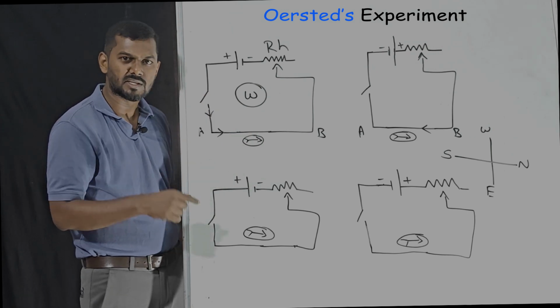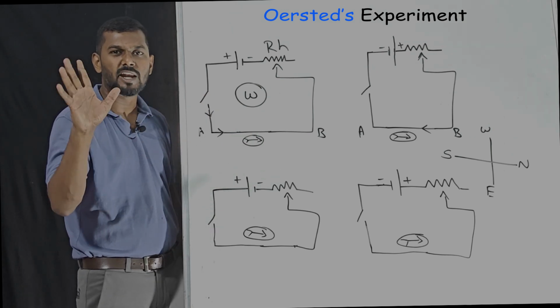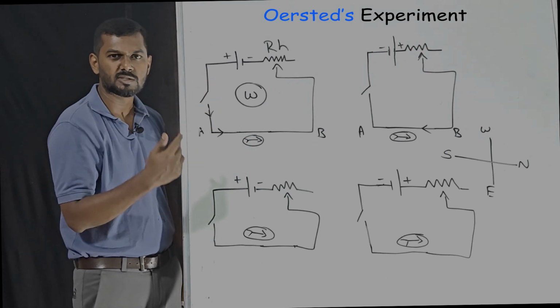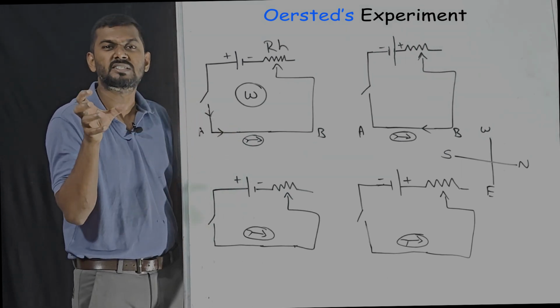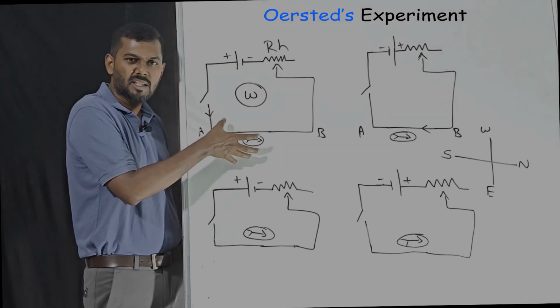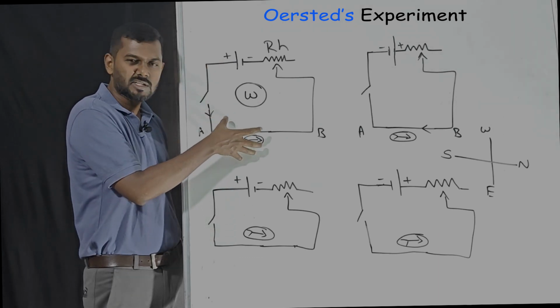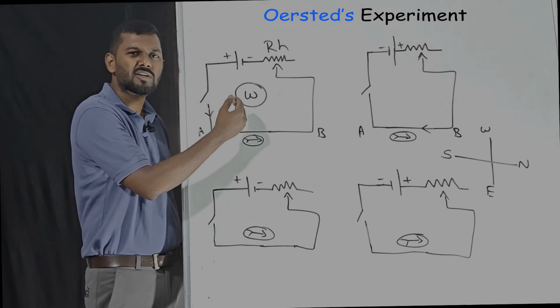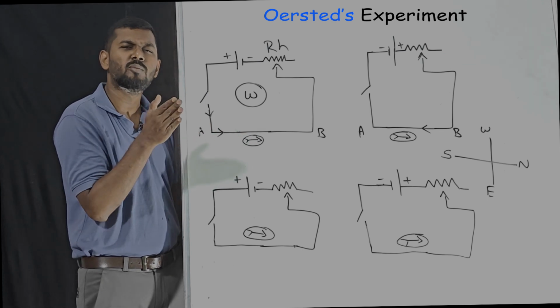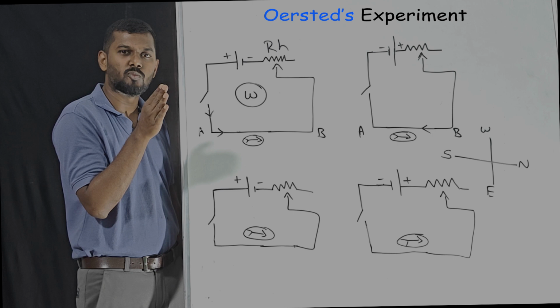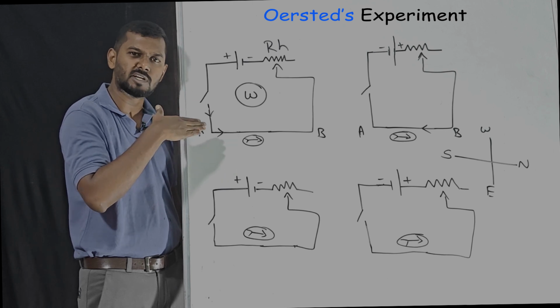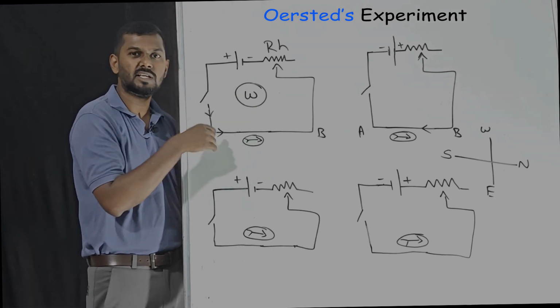If current reduces, we know current and magnetic field are directly proportional, so magnetic field also reduces. If the magnetic strength is reduced, the deflection will also reduce. It will be moving towards left slowly, only this much. If you pass more current, it will show deflection like this. All these things you should know.